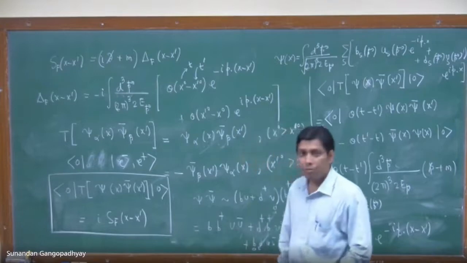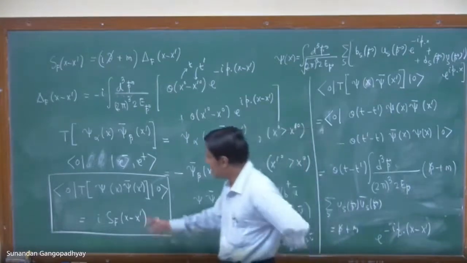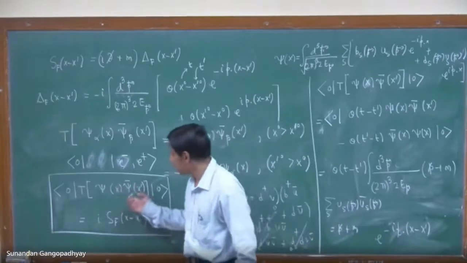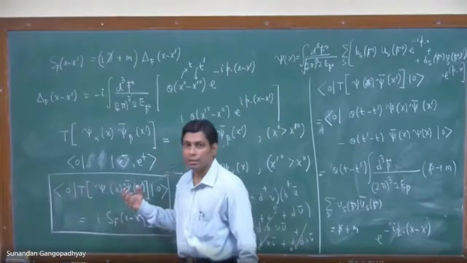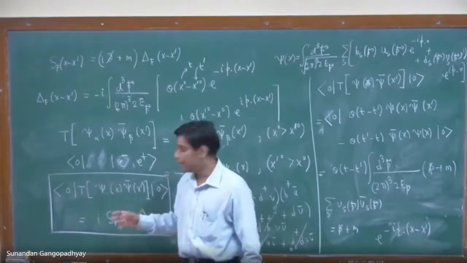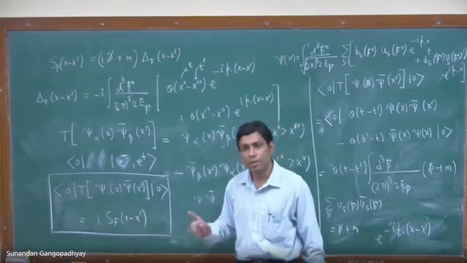You can convince yourself that if you calculate the time-ordered product of psi bar with psi, then you just get a minus sign; everything else remains unchanged.